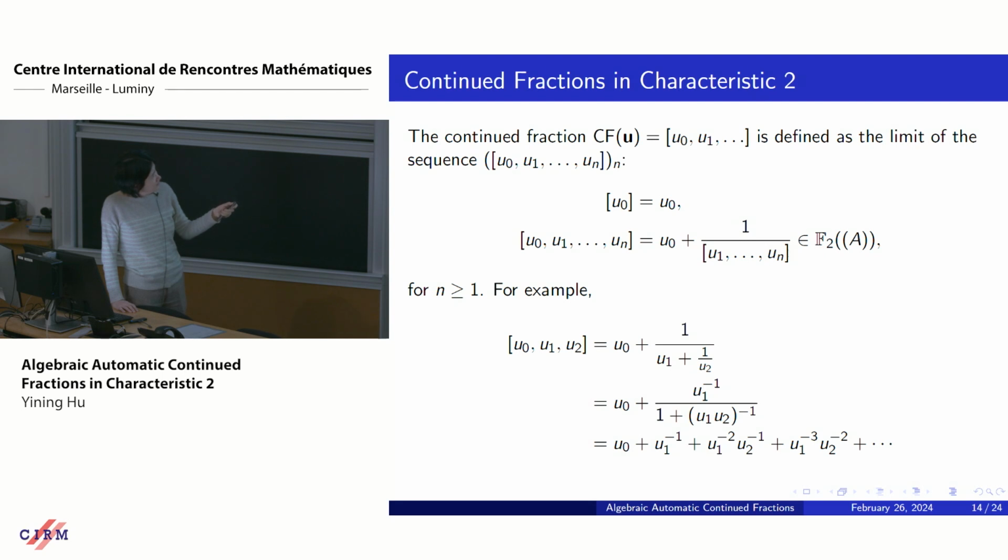For example, if we truncate to the term U2, what we obtain is, by definition, this thing. If we expand it, we get an element in here. Okay, so that's for the notation.